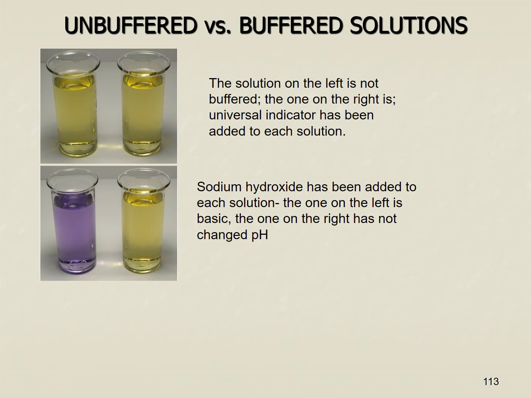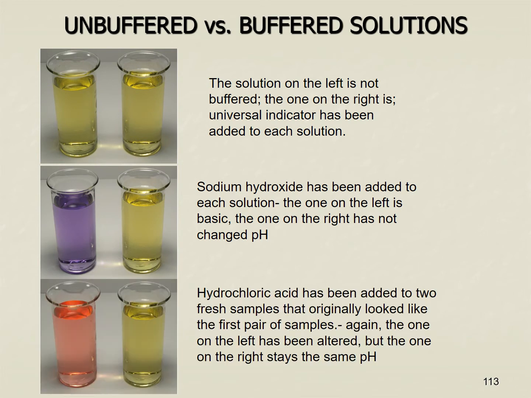The same is true if you start at the top again, and now we just add a couple of drops of HCl, of strong acid. So hydrochloric acid on the left, if we start from the beginning again. So we've added a couple of drops of HCl, and again, even if you had 0.1 × 10⁻⁵ molar, that would be a pH of 5, or 1 × 10⁻⁴, that would be a pH of 4.